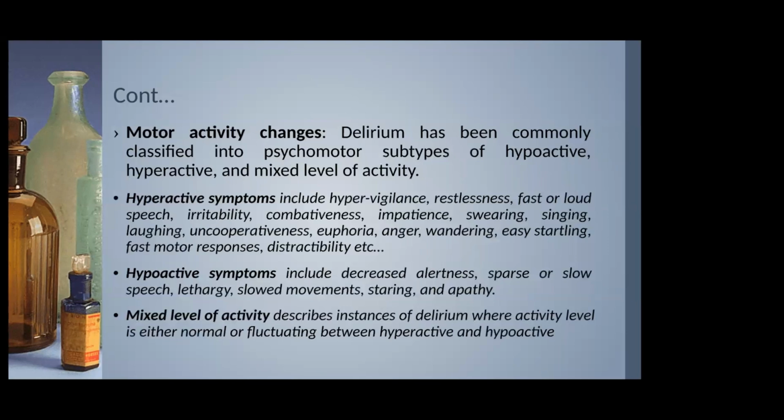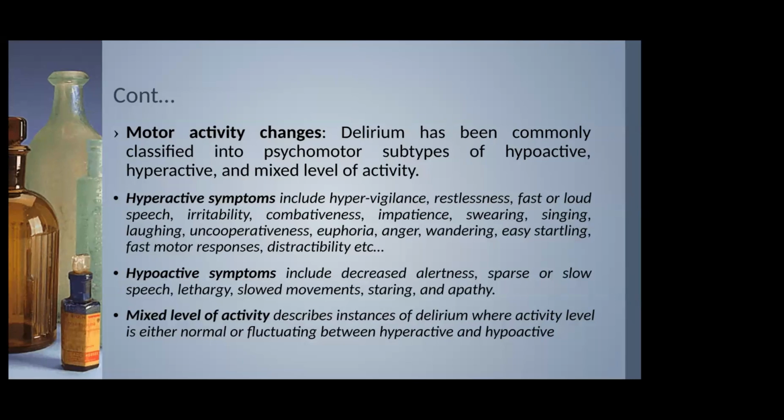There are also motor activity changes, as I said earlier. Based on the psychomotor subtypes, delirium is classified into three: hypoactive delirium, hyperactive delirium, and mixed type of delirium. So when we say hyperactive, there are symptoms of hyperactivity, okay, like hypervigilance, restlessness, fast or loud speech, irritability, combativeness, okay.